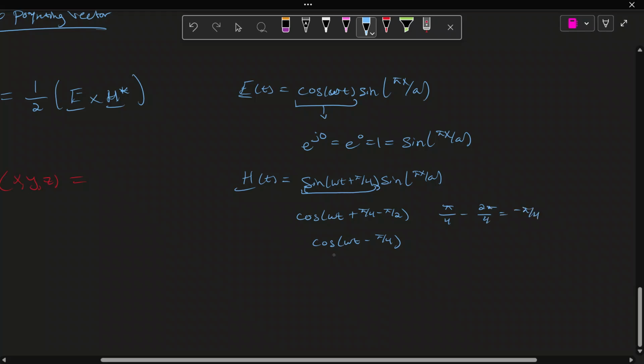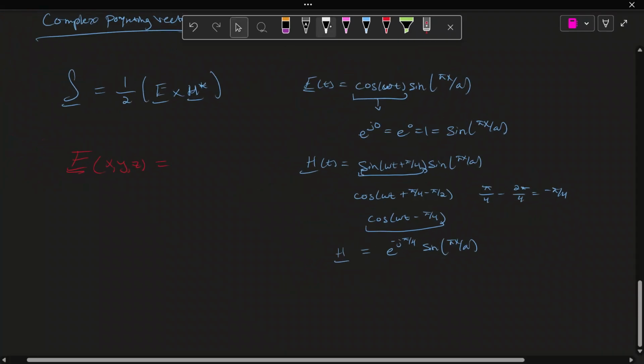So then this becomes e to the negative j pi over 4 is H. So H in the phasor domain is e to the negative j pi over 4 sine pi x over a. Let's rewrite this.